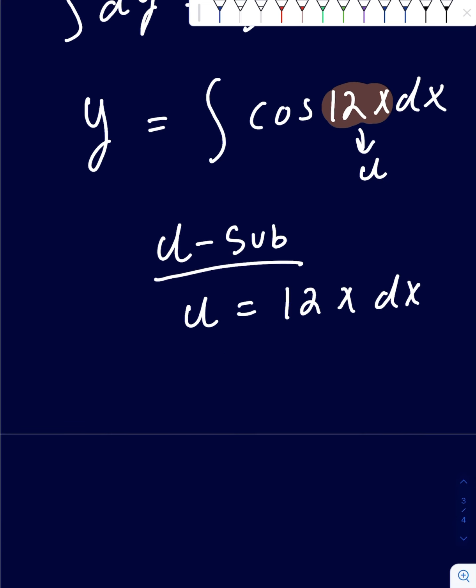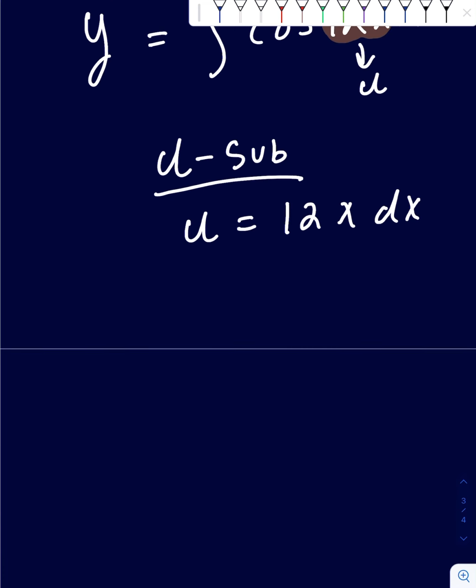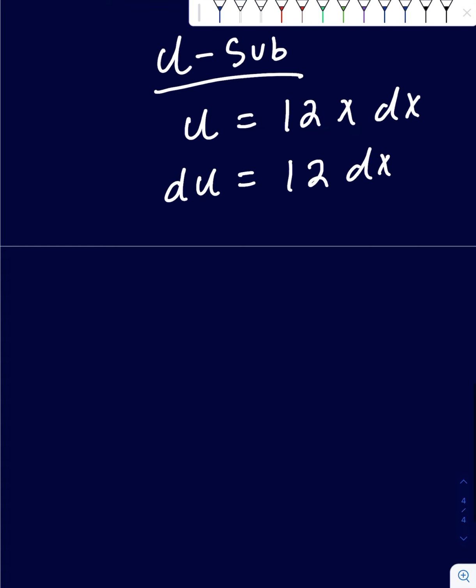When you're dealing with u substitution, you have to take the derivative, not the antiderivative. It could be a little confusing. So du is equal to, what's the derivative of 12x? It's simply just 12 dx. So we know that dx is going to be du over 12.